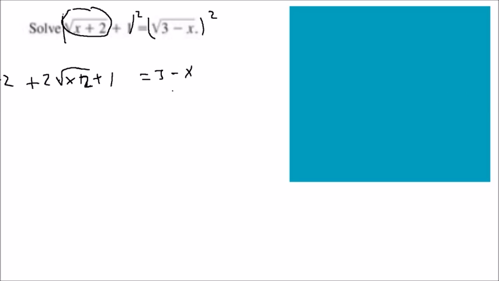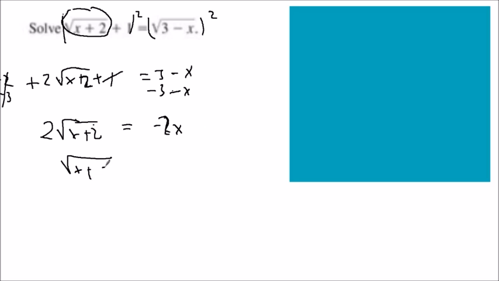So we'll subtract x on this side, and then 2 plus 1 is 3, so we can just subtract 3, and then this thing will be gone. So minus x is minus 2x, right? Minus 2x is equal to 2 root x plus 2. So if we divide by 2 on both sides, we'll have the root of x plus 2 is equal to just minus x.